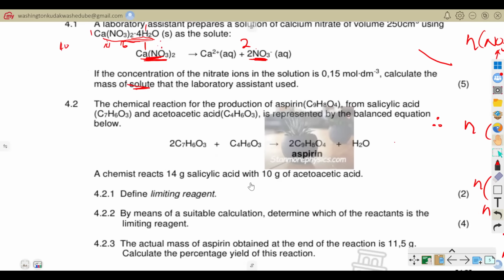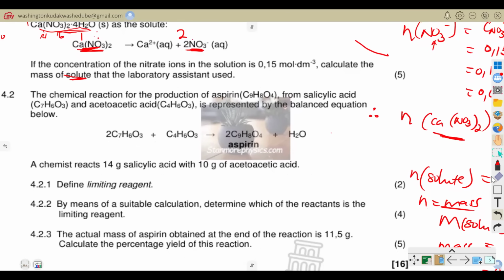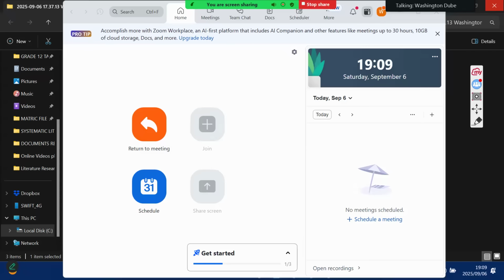So for me to define the limiting reagent, let me just create space. I just need to define my limiting reagent.